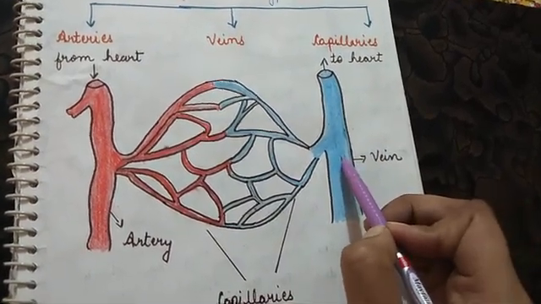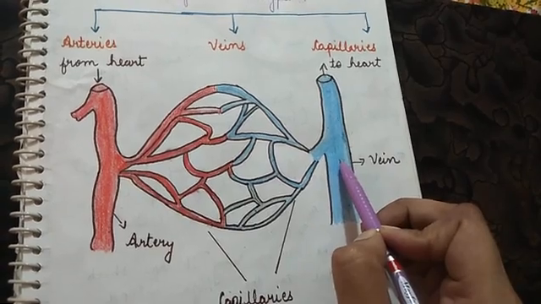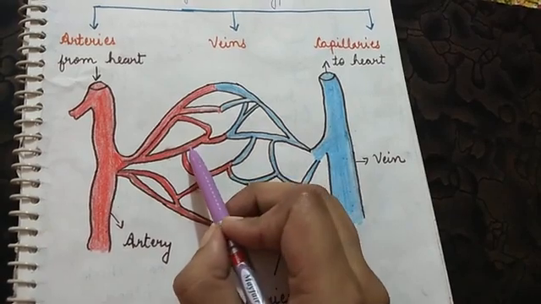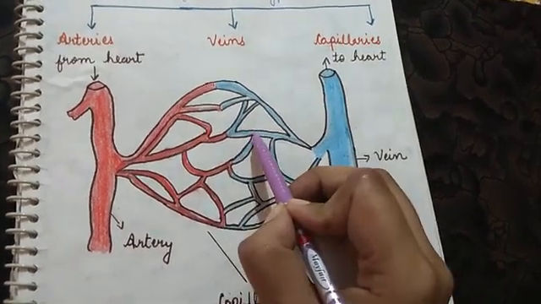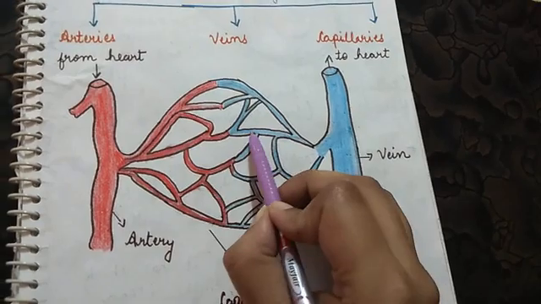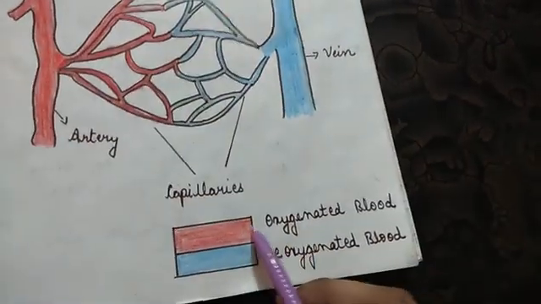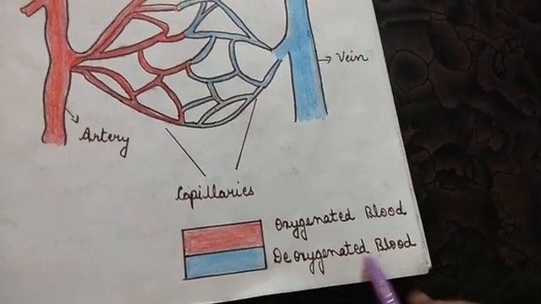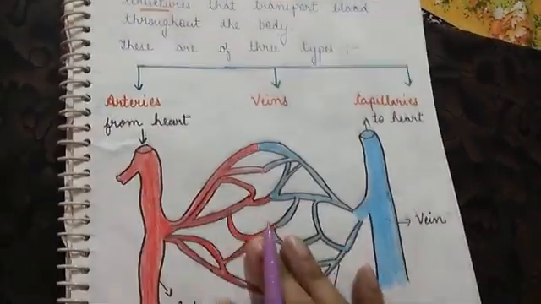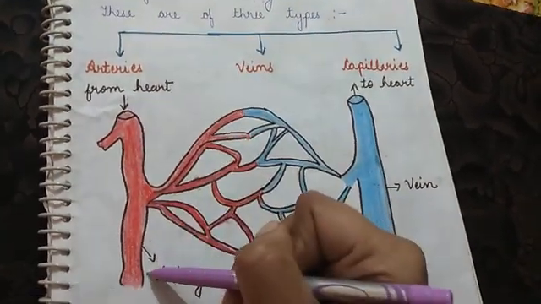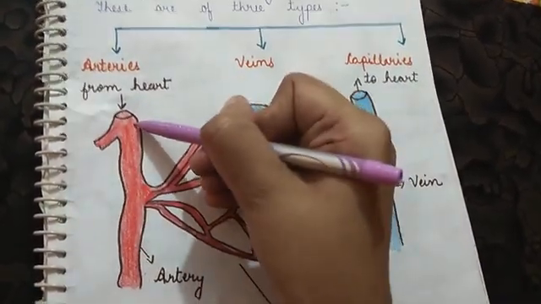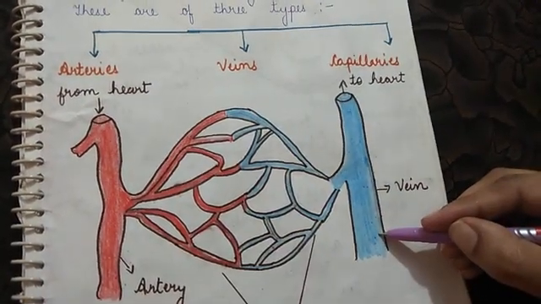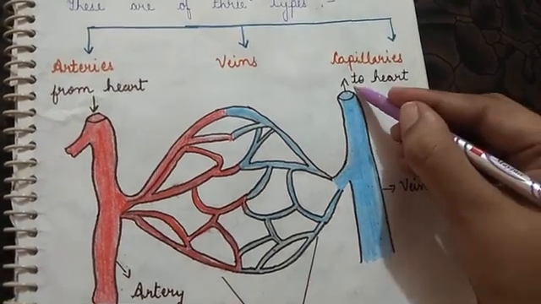Now one thing, if you have noticed, I have used two colors to denote arteries, veins and capillaries, and those two colors are red and blue. So there is a reason why I have used red and blue color. Red denotes oxygenated blood and blue denotes deoxygenated blood, which means arteries carry oxygenated blood from the heart to the body. Veins carry deoxygenated blood from the body to the heart.